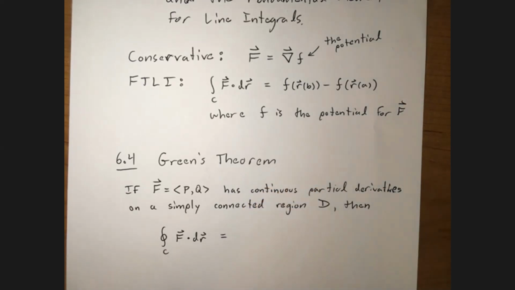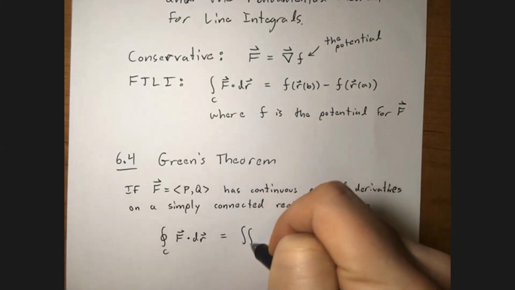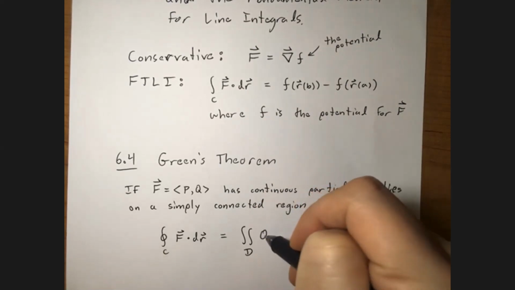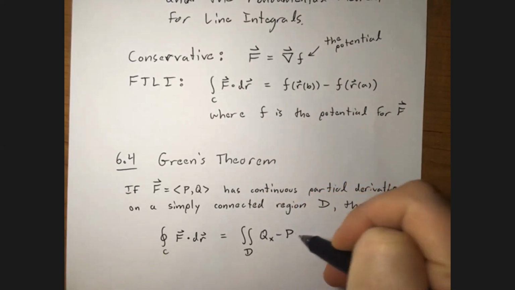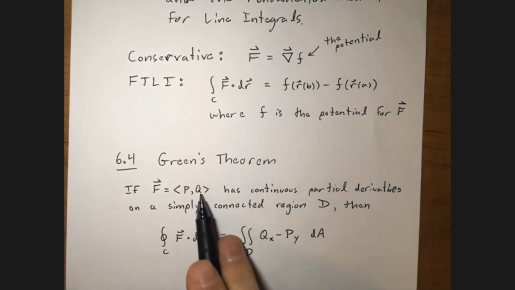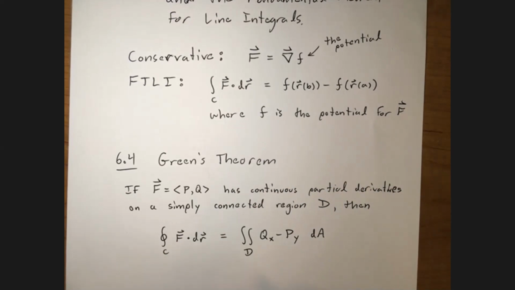That integral around the boundary is the same as the integral throughout the interior of the region of this guy, Q_x minus P_y, the difference of the partial derivatives of these functions here. And what is C? C is the boundary of the region D, oriented counterclockwise.